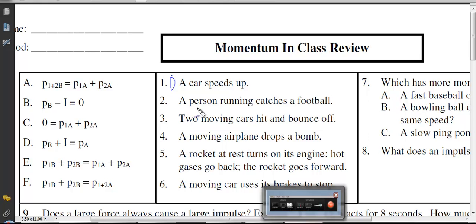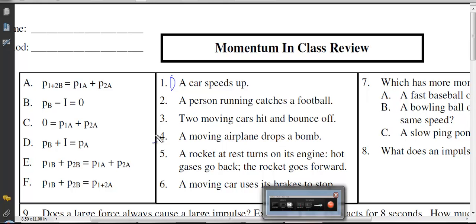Number 2, a person running catches a football. So the person's running, he's got momentum before, and he's going to join up with another object, that football that was thrown to him. That football also has momentum, and then they're going to collide and stick together at the end and have their own momentum.